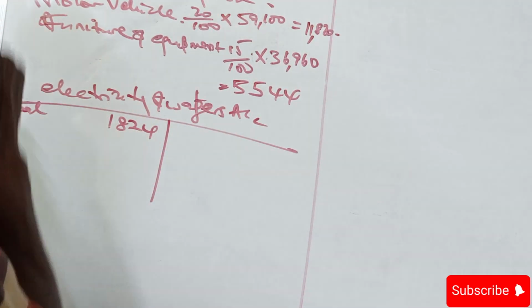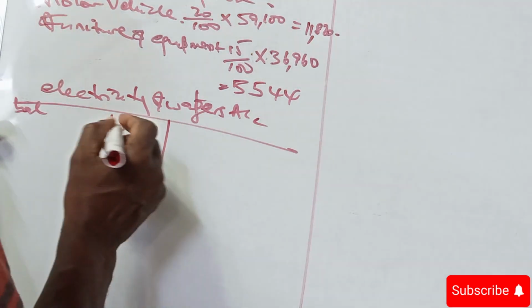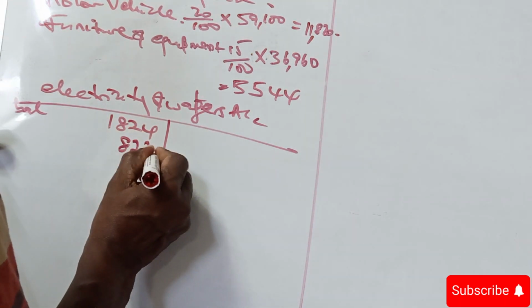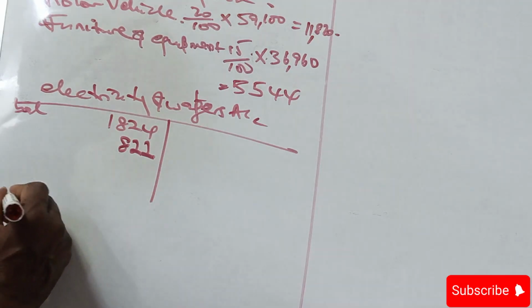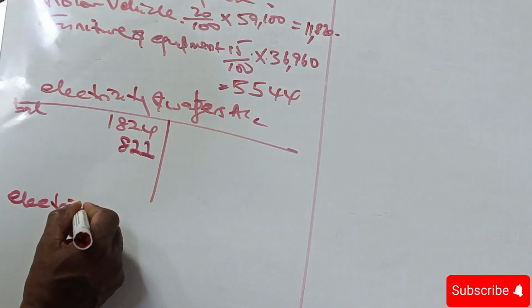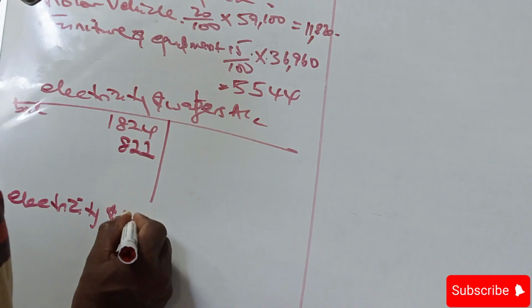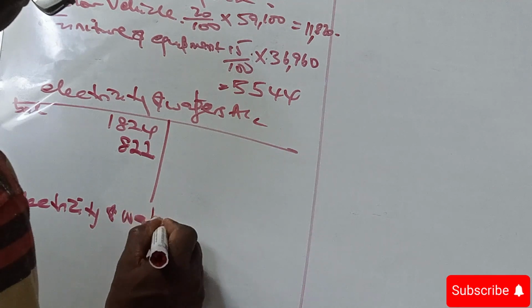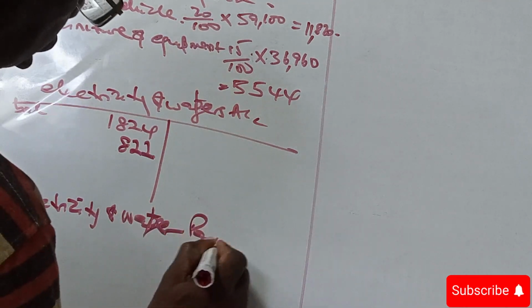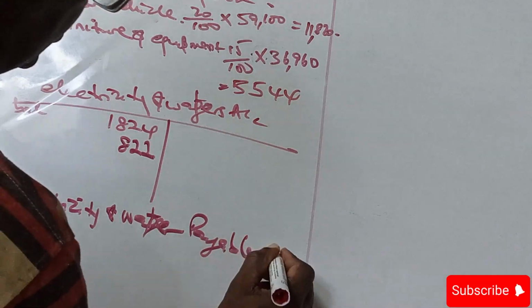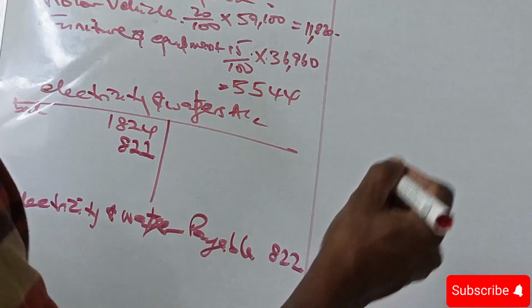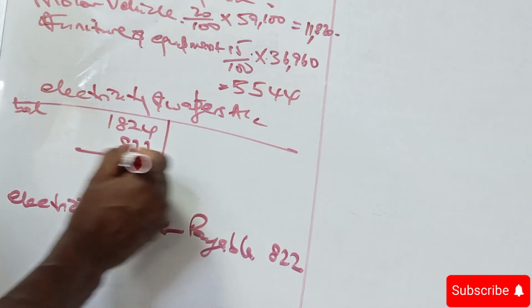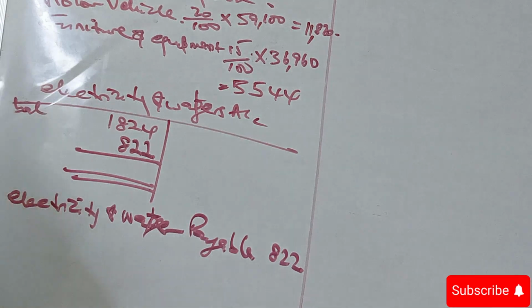And then we are told we have incurred, but we have not paid 822, and therefore electricity and water payable. You don't have to put all those accounts there, but you need to capture it so that when you are checking the payables, you'll be able to get it.